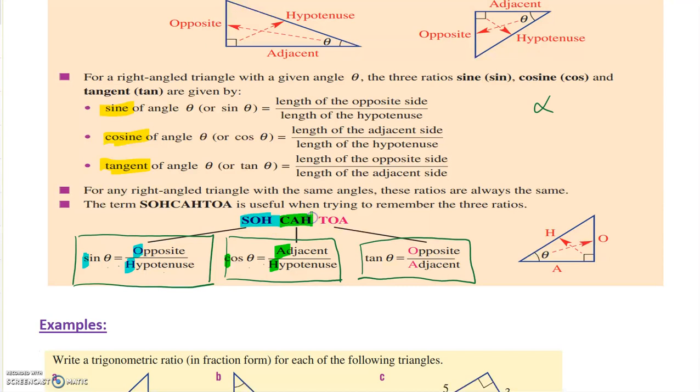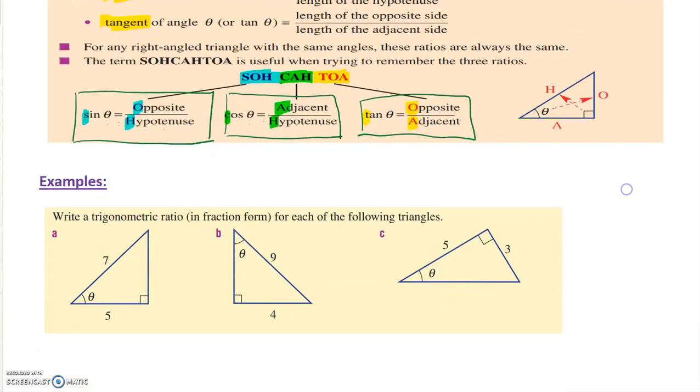That's where CAH comes from. And the last one, tangent, letter T, is equal to the opposite side divided by the adjacent side. That's where TOA comes from, which gives us SOHCAHTOA. So that's the short form of remembering the three trig ratios. We'll do some examples now to see how we can work out the missing sides or the missing angles using these three ratios.